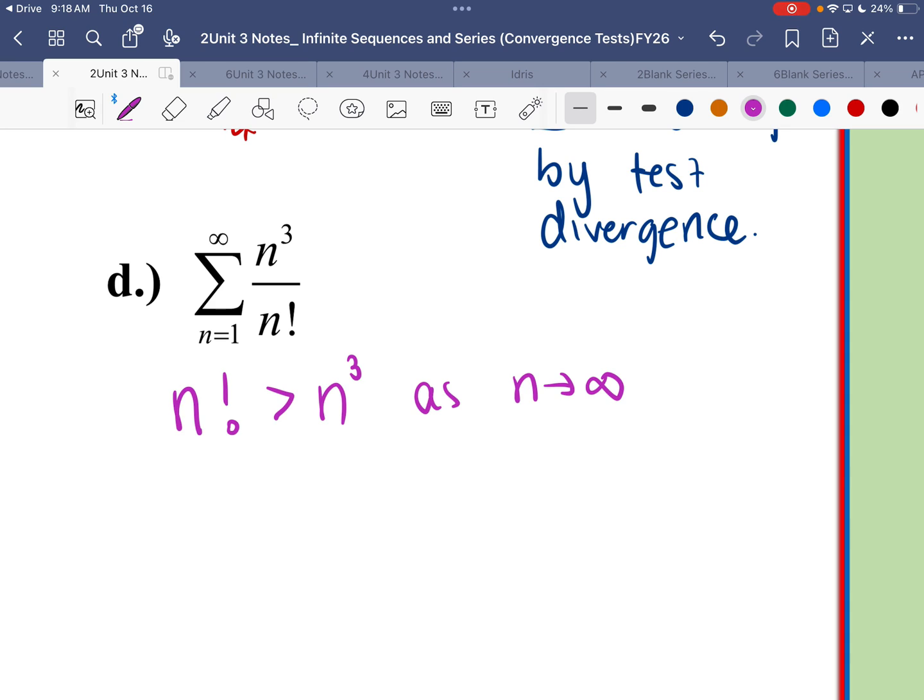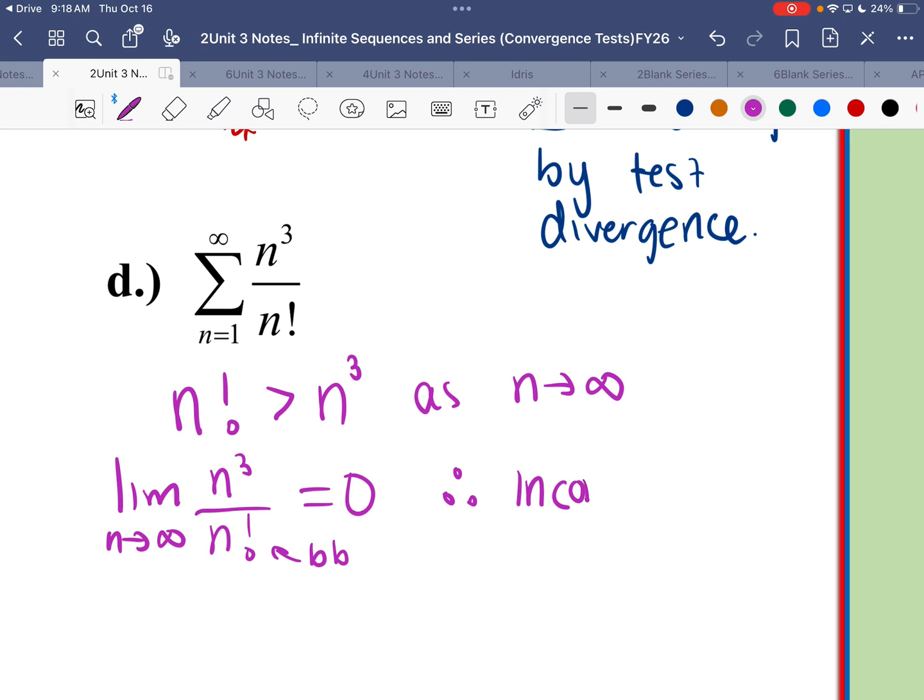So the limit as n goes to infinity of n cubed over n factorial is big bottom. Because it equals 0, we would say inconclusive.